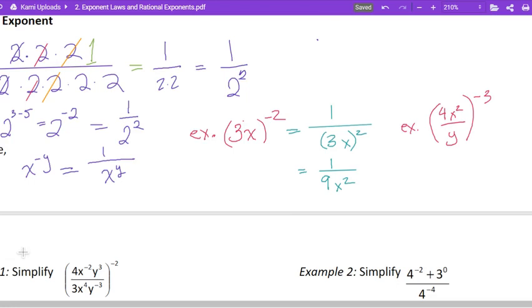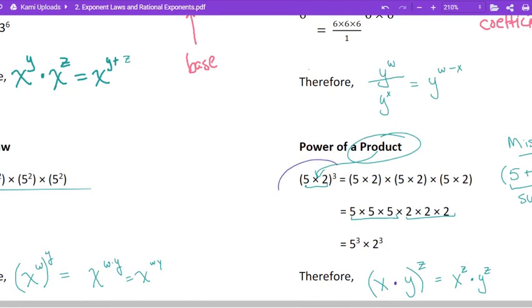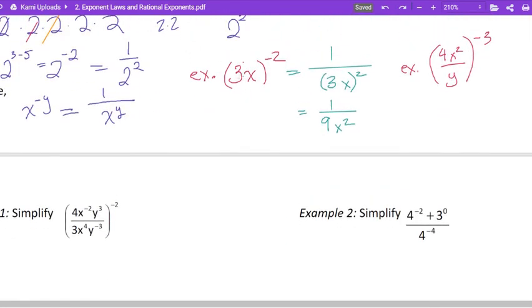Is there another way to do it? I think I can use the power of a product rule. Do you remember this one? So I can apply the power of a product rule first because this is a product. This is 3 times x. So alternatively, let's use a different color.